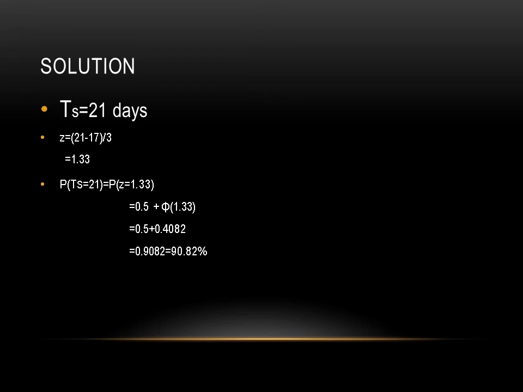P(Z) equal to 1.33. So I told you to write 0.5 plus, here plus because 1.33 was plus. So plus phi 1.33. So 0.5 plus 0.4082, that is 0.9082, that is 90.82%. That is a very high percent of completion of the project in that date.